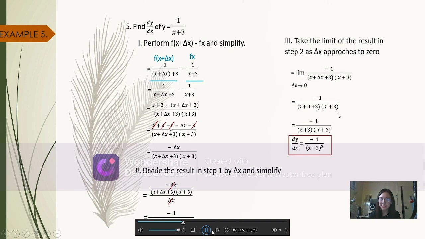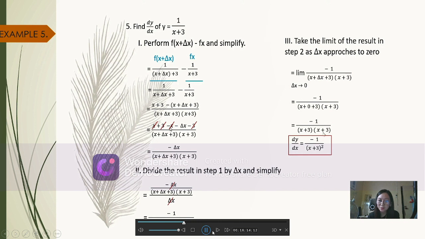So, negative 1, ayan, in-apply natin dito, yung delta x ay ginawa natin na 0. So, x plus 0 plus 3, then x plus 3. So, mangyayari, alisin natin yung 0, magiging x plus 3, x plus 3.